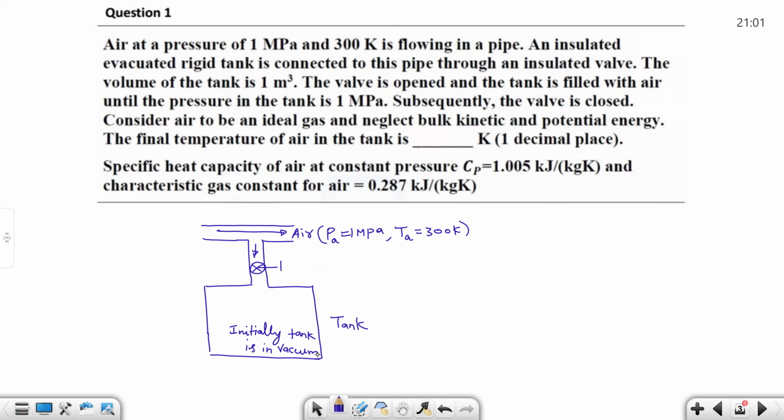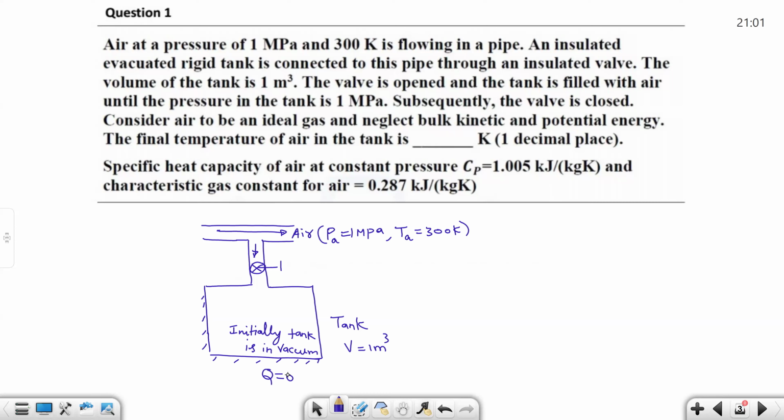The volume of the tank is 1 meter cube. The tank is insulated, so heat transfer will be 0.